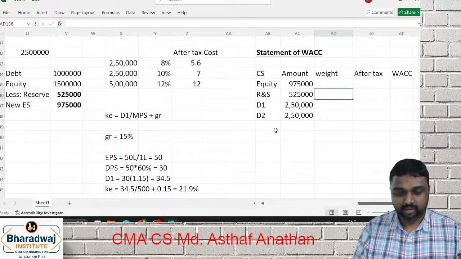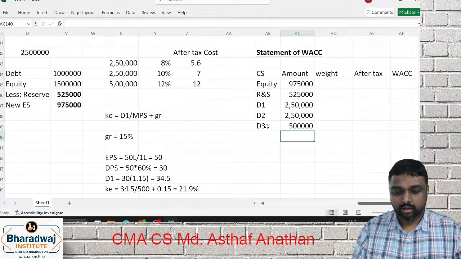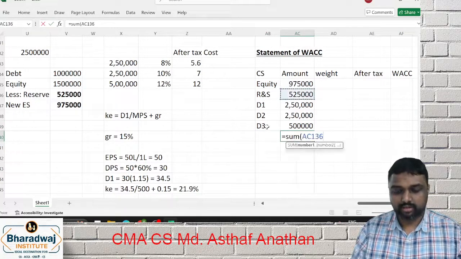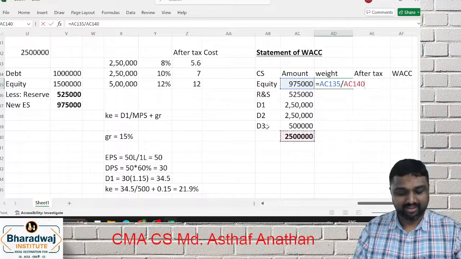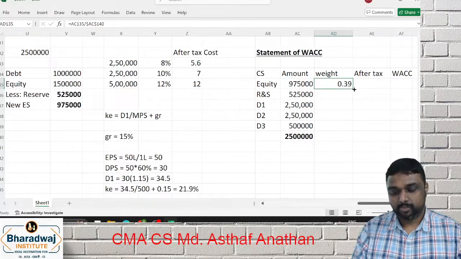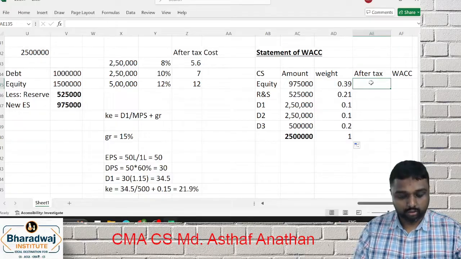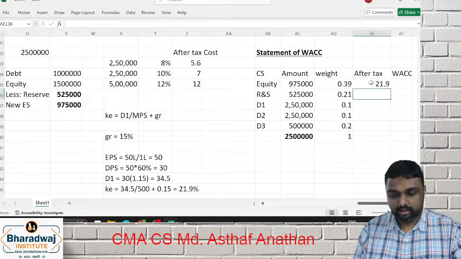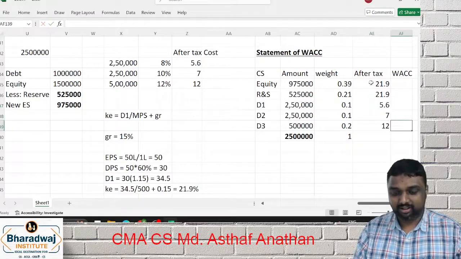Next, D3. What is D3? 5 lakh. You can take the sum total, friends. You will get an amount of 25 lakh. This 25 lakh is given in the question itself. After tax, we found out equity 21.9, debt 5.6, 7, 8.4.